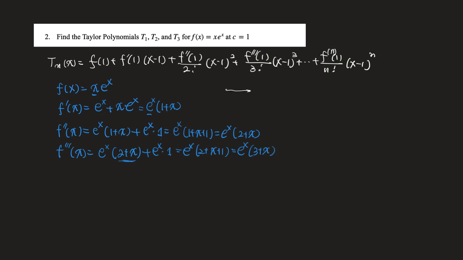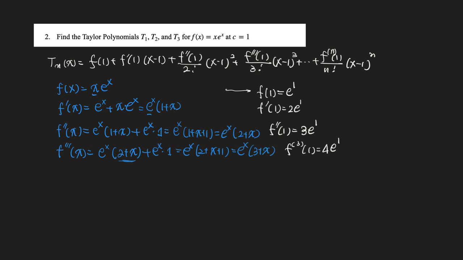So let's find f of 1, which is e to the 1. f prime of 1 is 2e to the 1. f second derivative of 1 is 3e to the 1. f third derivative of 1 is 4e to the 1.